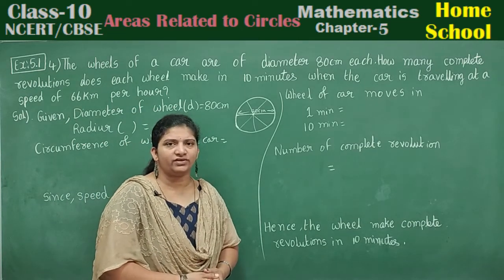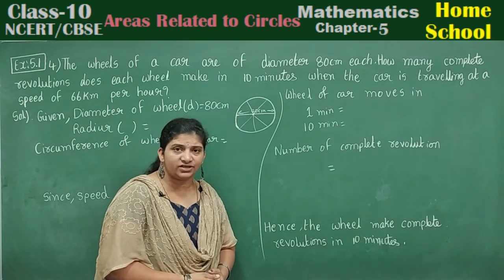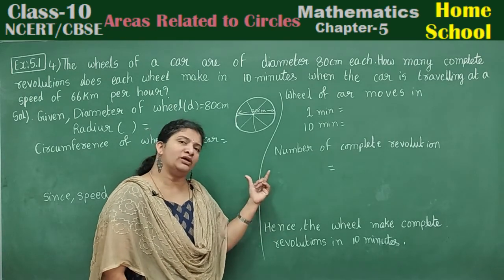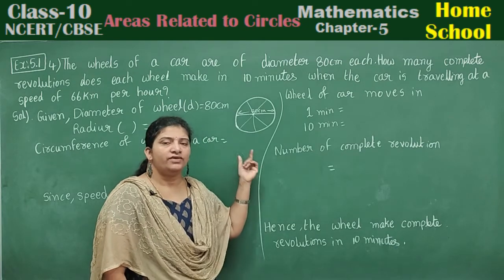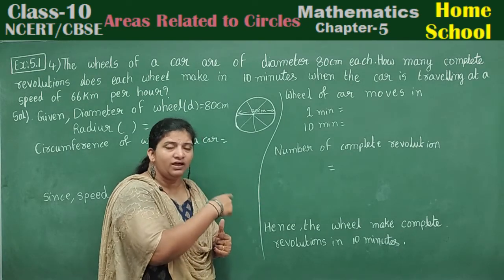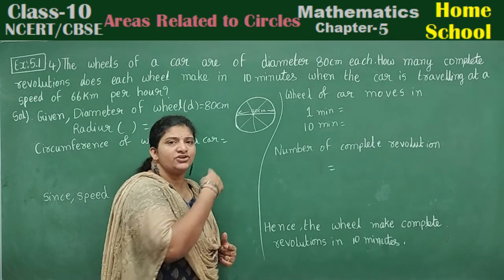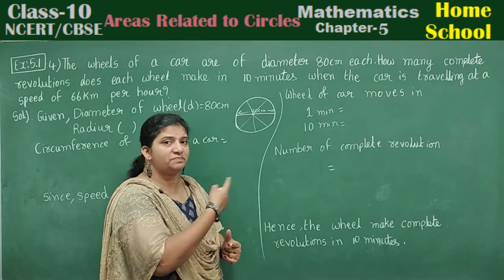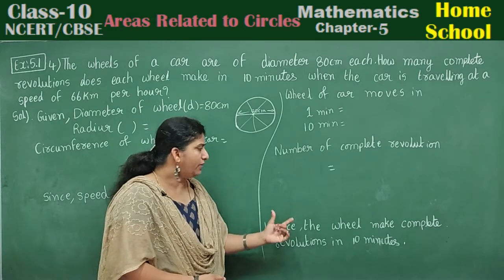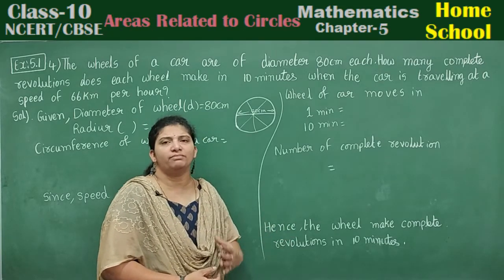Understand the problem carefully. Car wheels are in circular shape, that is circle. Given diameter, and we know the radius now. We need to find the number of complete rotations this wheel has done in traveling 10 minutes with a speed of 66 kilometers per hour.